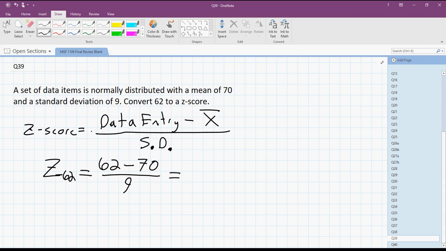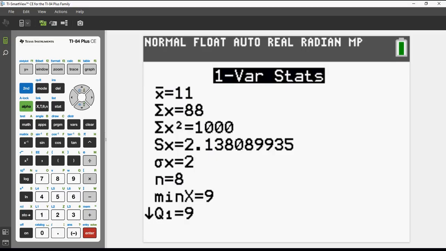Say it again. Negative 0.89. You've got to watch what you're doing. You've got to look at that third digit, and that third digit tells the second one what to do. Did you say 90?